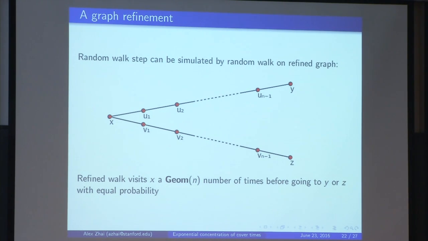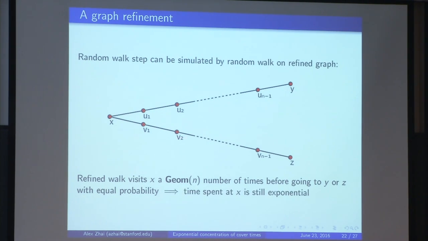And so this means if we ignore all the visits to these intermediate vertices, we've basically simulated the random walk on the original graph. Also recall that each waiting period is exponential. So a sum of a geometric number of independent exponentials is still an exponential.